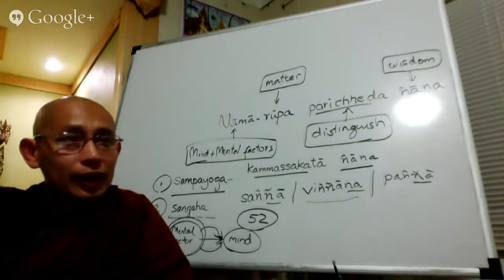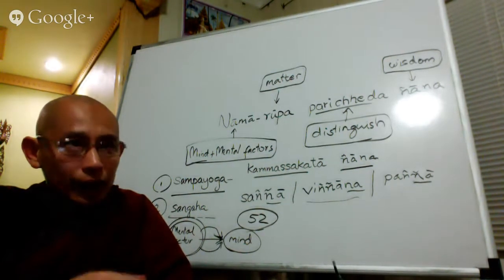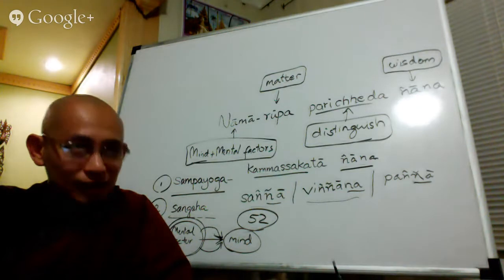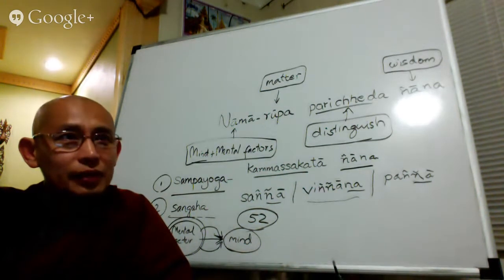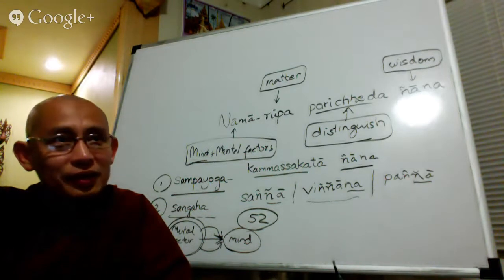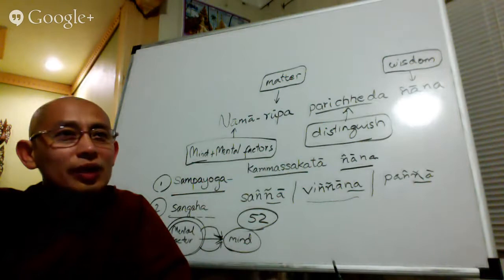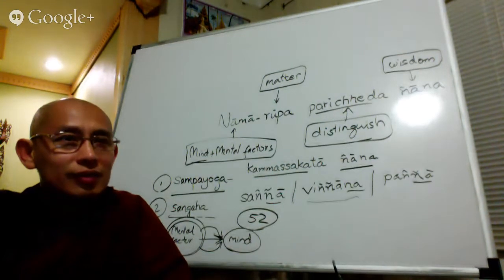Third jhana level: piti, sukha, ekaggata, so piti. And then the fourth and fifth jhana levels have no piti. So only the first, second, third jhana levels.